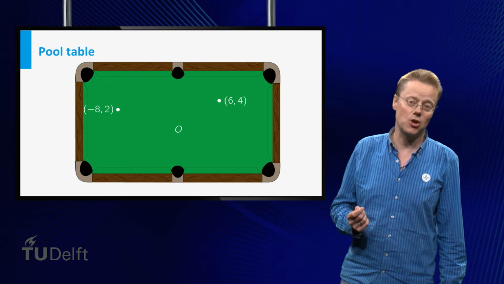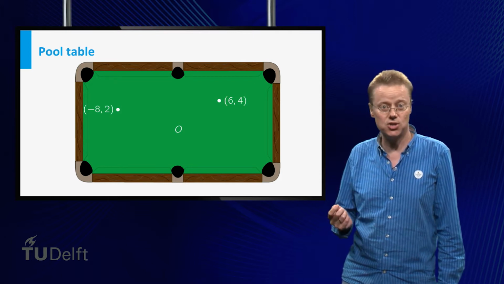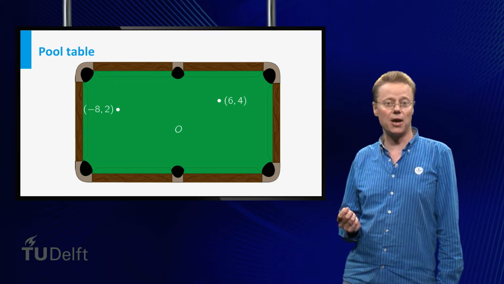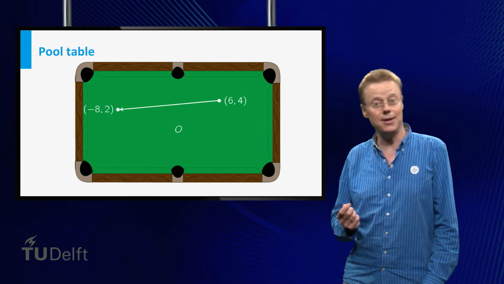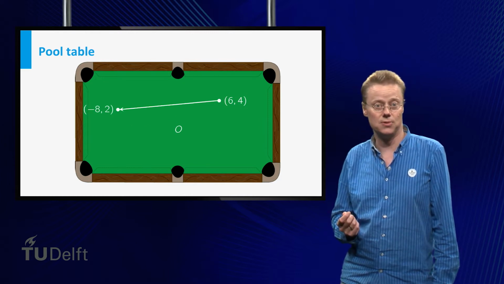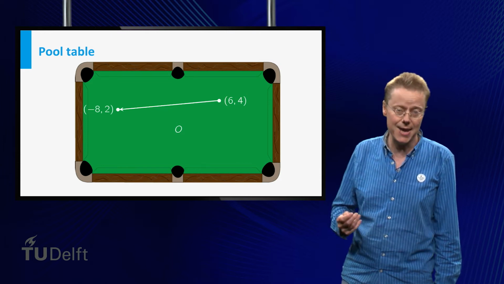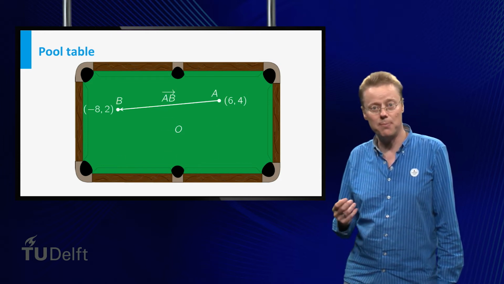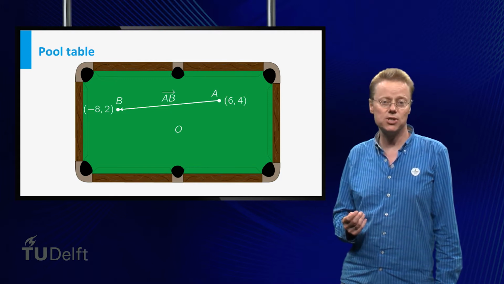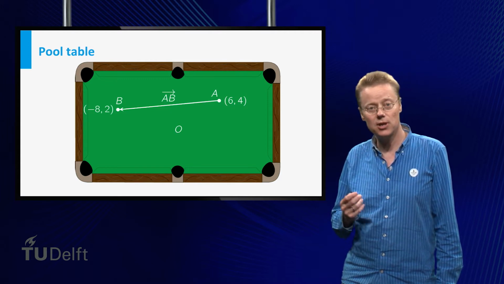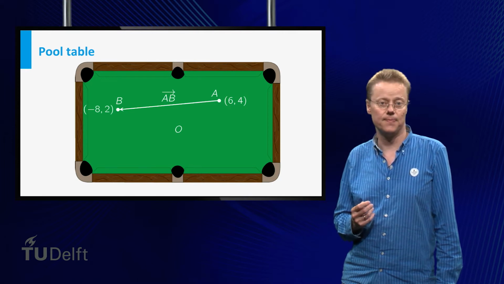The movement from (6, 4) to (-8, 2) can be represented by an arrow starting at (6, 4) and ending at (-8, 2). If we denote the point (6, 4) by A and (-8, 2) by B, the vector in this picture is denoted as AB with a little arrow on top.